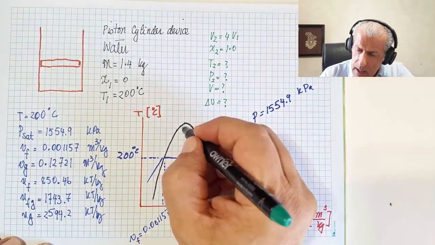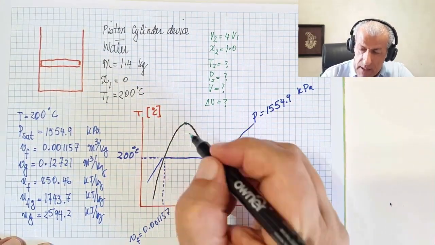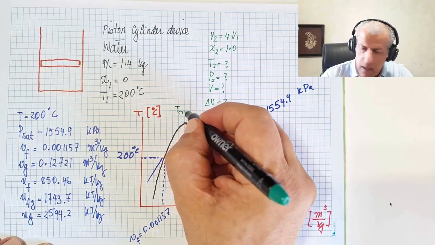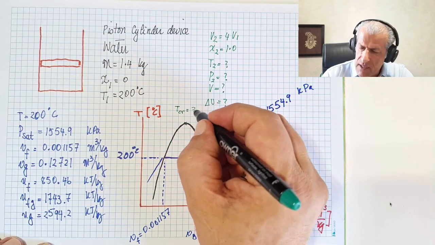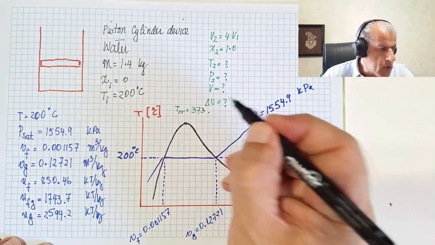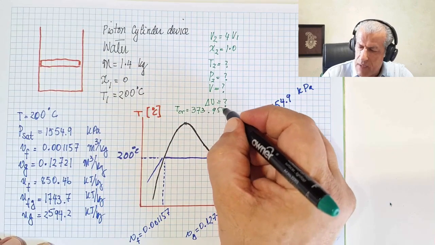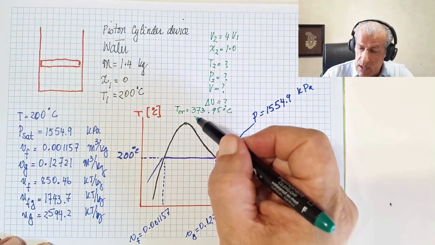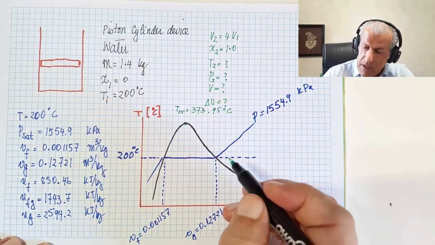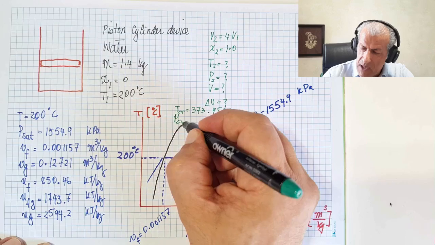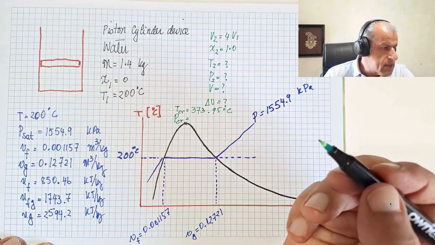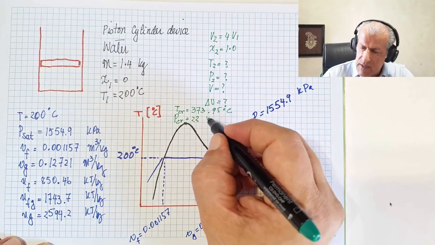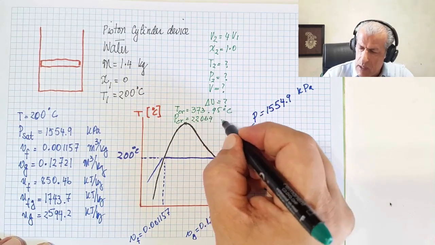So here, critical point at T critical equals 373.95 degrees C. So I'll compare this 200 degrees C to this 373. And P critical, the pressure at the critical point, is 22064 kilopascal.